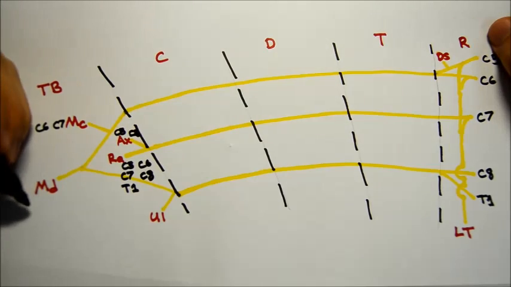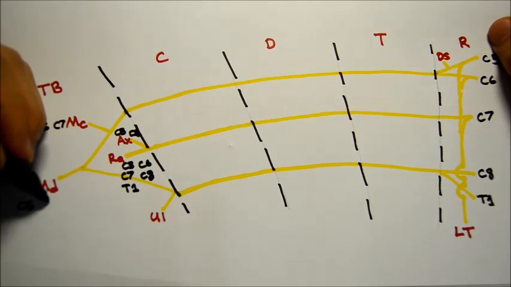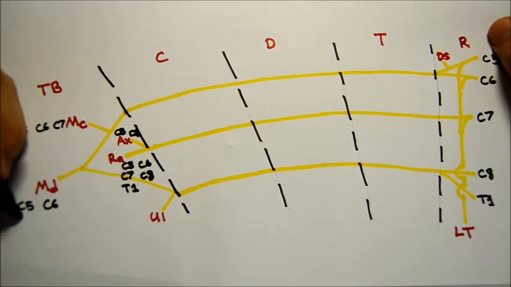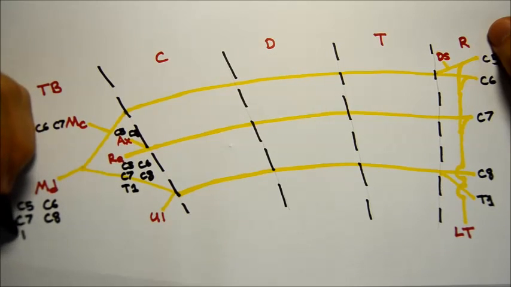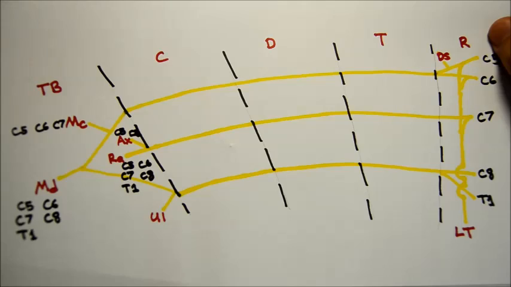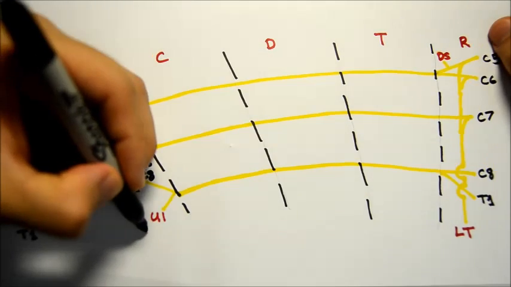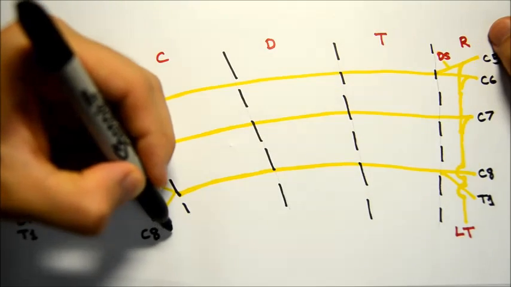For median, same as radial nerve, we have C5, C6, C7, C8, and T1. For the ulnar nerve, we have C8 and T1.